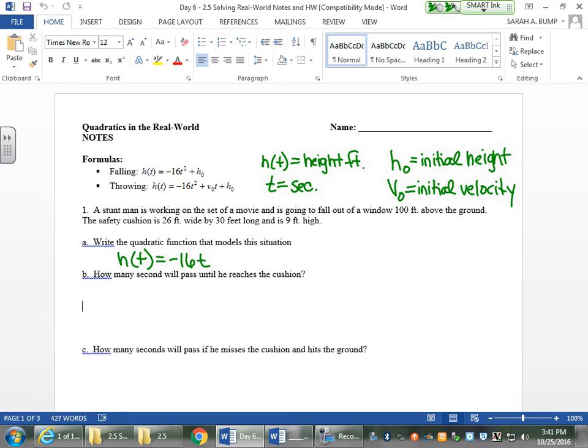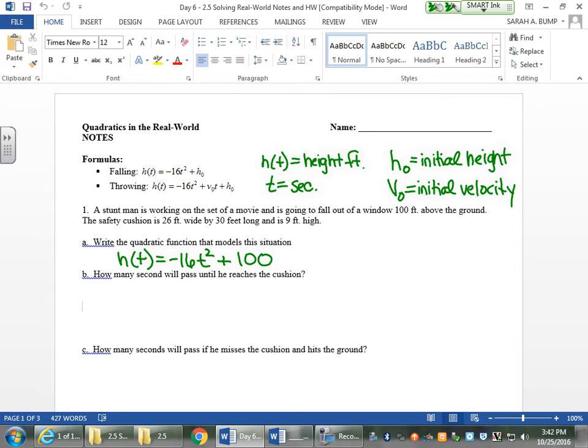Negative 16 t squared, time is changing as he falls, plus then we sub in our initial height of the man, which is 100 feet. That is our model that can be used to predict the man's height as he falls or the time as he falls. So for part B, it says how many seconds will pass until he reaches the cushion.